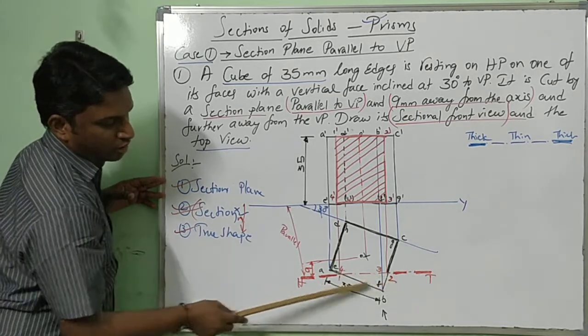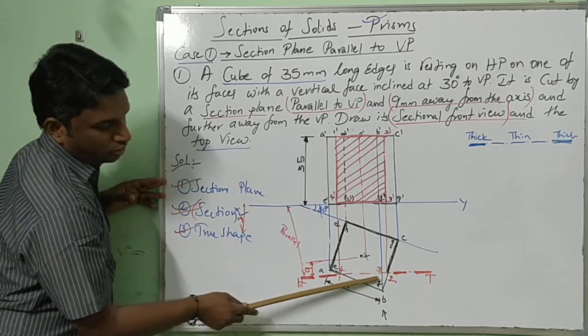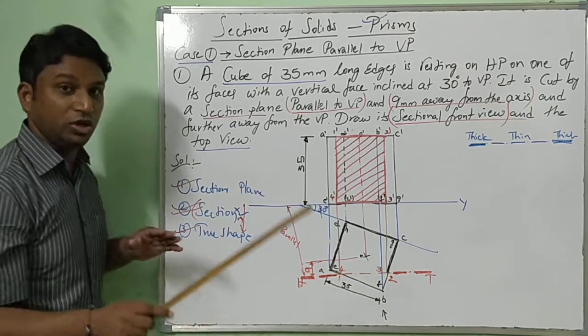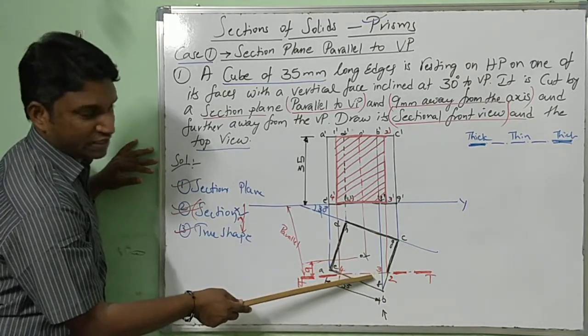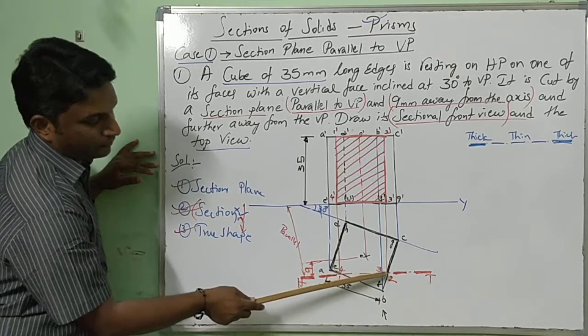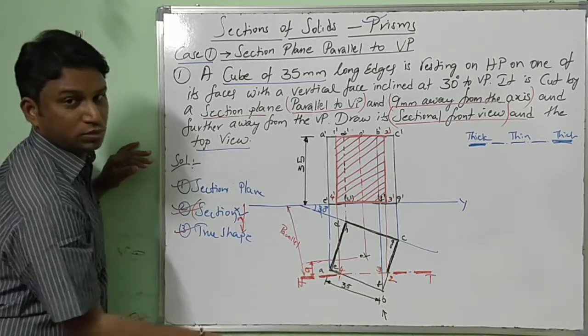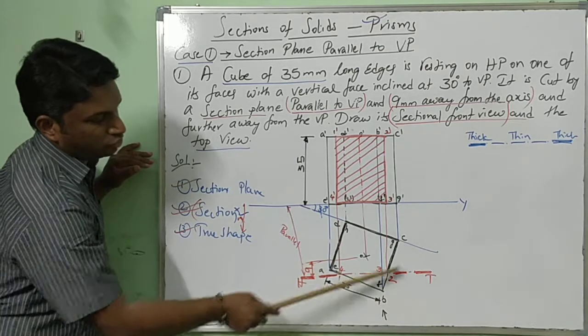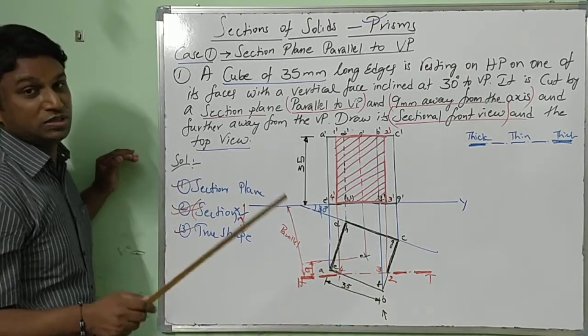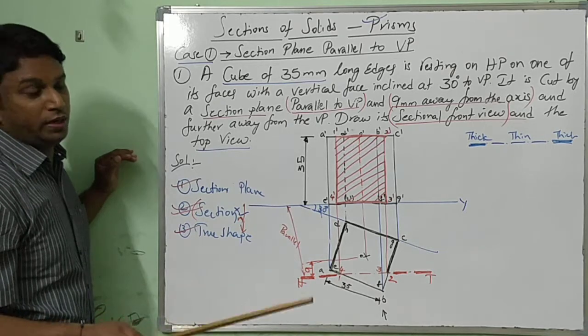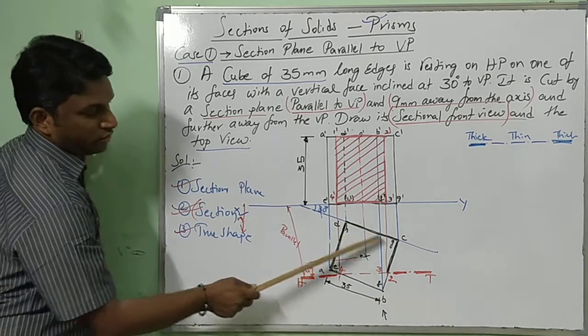When you have drawn the section, you have cut. Already you have divided this top view with the help of this section line into this part and this part. This part is to be removed, and the remaining part you have to draw thick. That is the top view, the sectional top view. Sectional top view means only this portion.